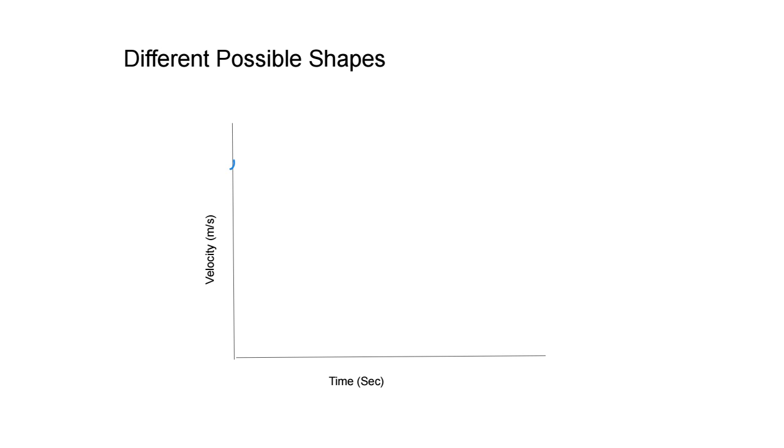Like a flat line, this is a constant velocity. So this object, although it's flat, is moving away from us at a constant velocity. So moving away at constant speed.